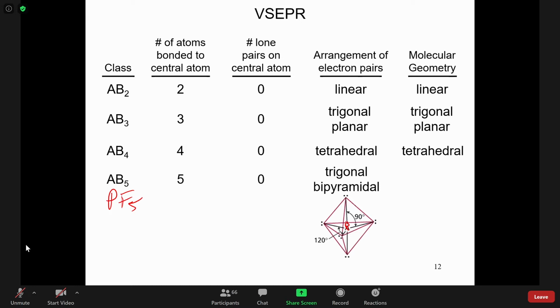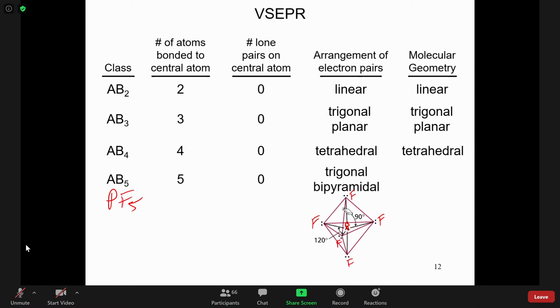This is our P, and these are all our Fs, orienting themselves around the molecule. So there's a couple different bond angles going on here. Notice that we have 90-degree bond angles between 2 of the fluorines and the phosphorus.